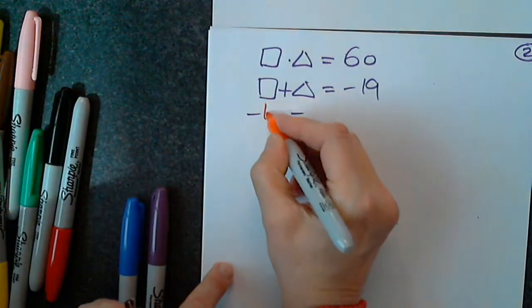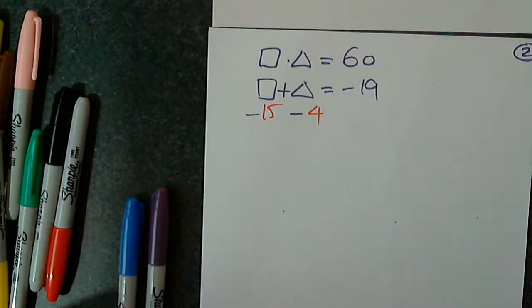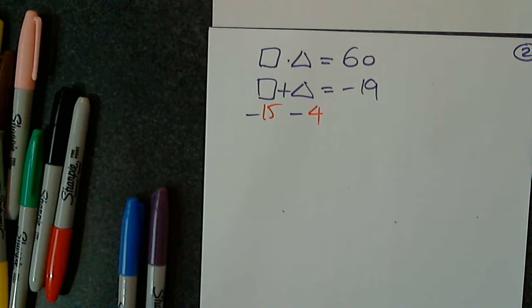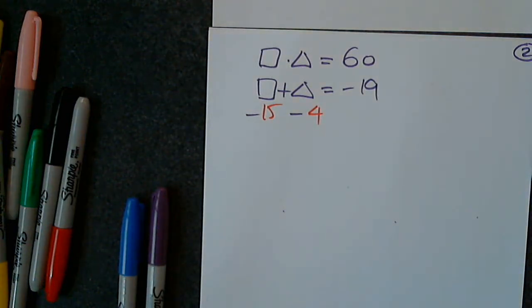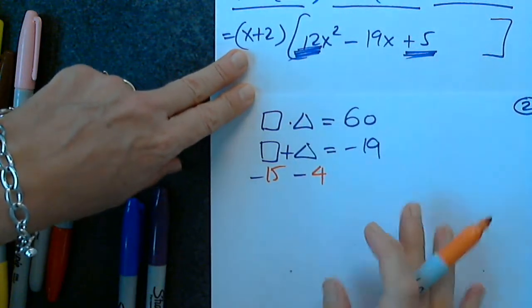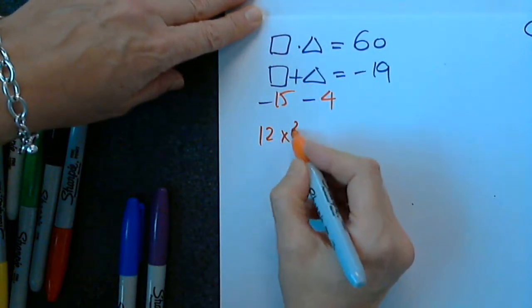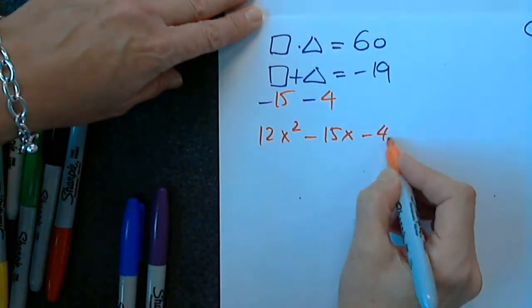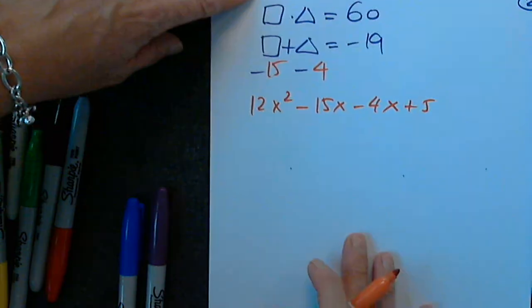That's it. 15 and 4. Very good. Negative 15 times negative 4 is positive 60. Both conditions have to be fulfilled. And their sum is negative 19. Good. But now, because the leading coefficient is not 1, I have to go back and work hard and say 12x squared minus 15x minus 4x plus 5.